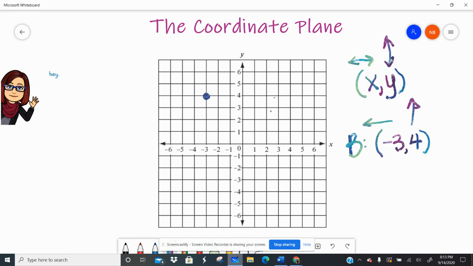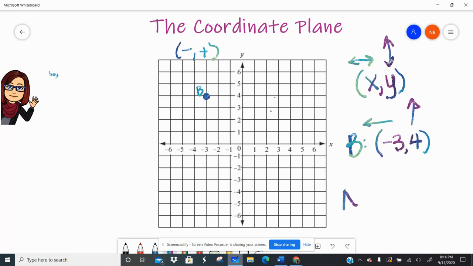And I put the little dot at the intersection, and I label it point B. So point B, -3, +4, is located in quadrant 2, right? Because in quadrant 2, you go left, then up, which means you are negative, then positive.